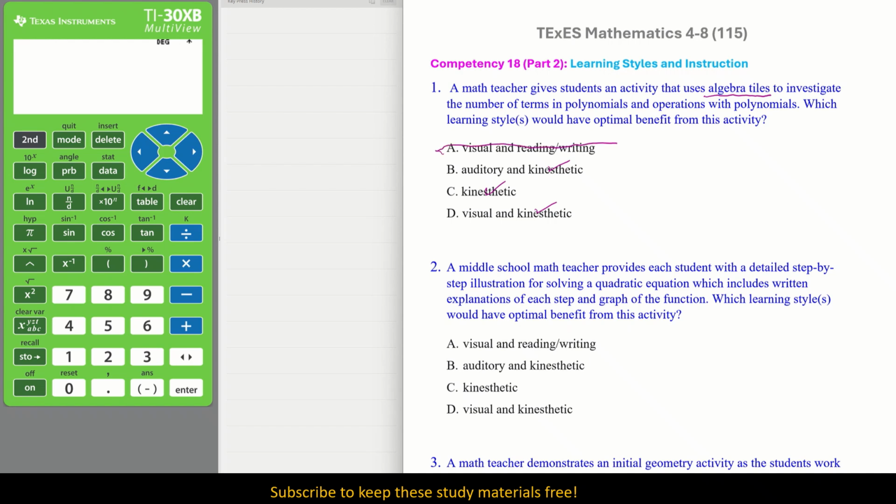Okay. And then let's see, investigate the number of tiles. You would think, all right, they're just giving them an activity and they've got the algebra tiles, so it has to be hands on only. Not true. Well, one thing that we know is there's no auditory element.